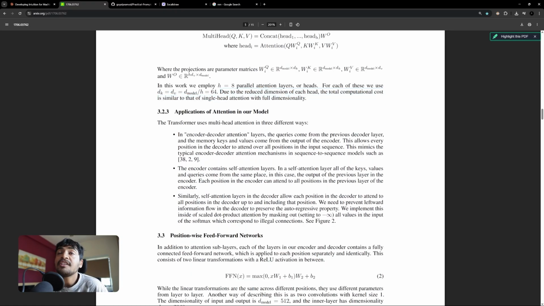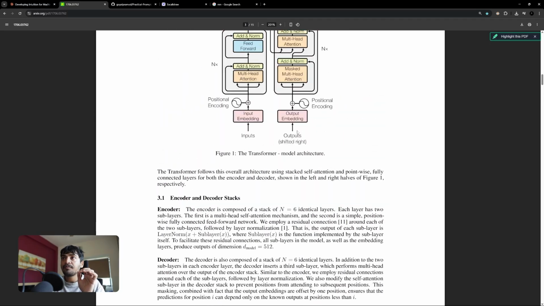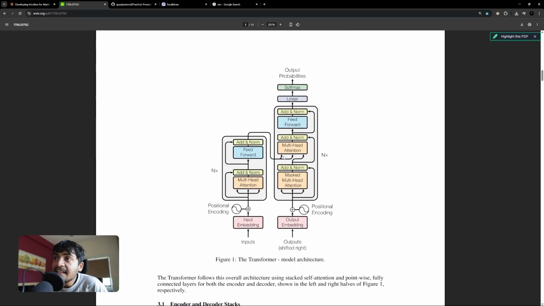Now, what are the different applications of attention in our model? The transformer uses multi-head attention in three different ways. In encoder-decoder attention layers, the queries come from the previous decoder layer and the memory keys and values come from the output of the encoder. So it is again very important to understand this part. So over here, these are the keys and values.